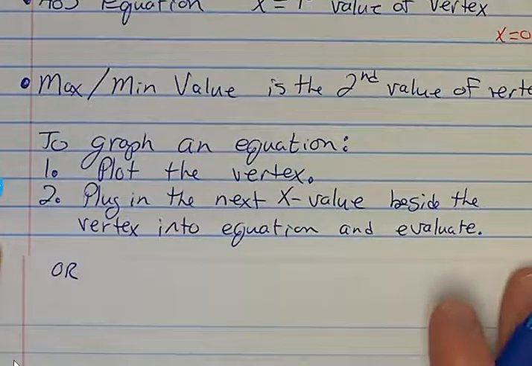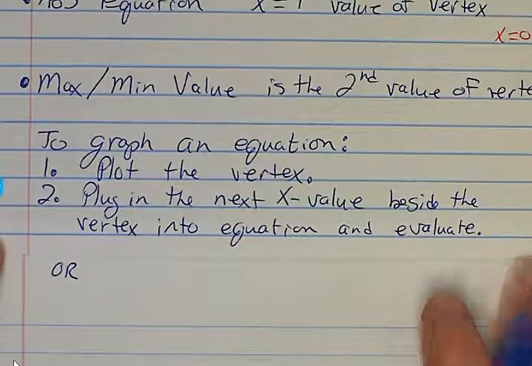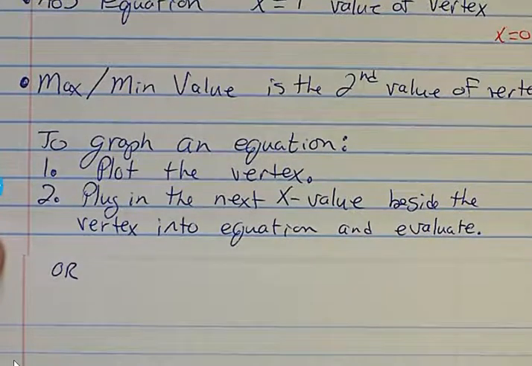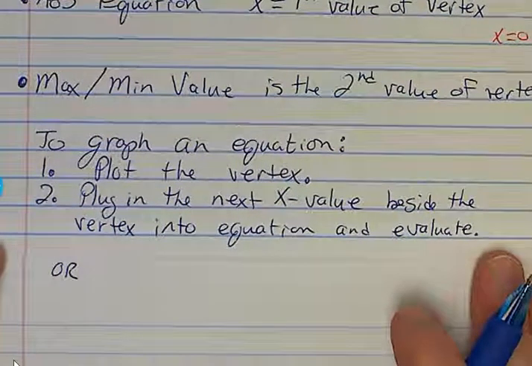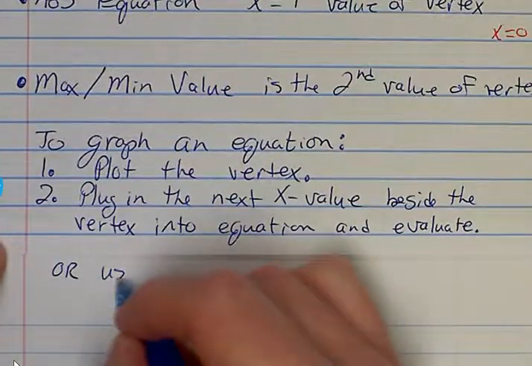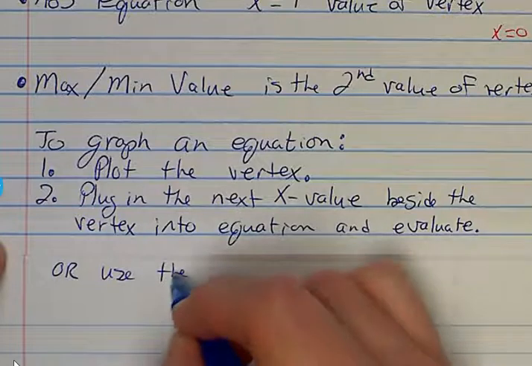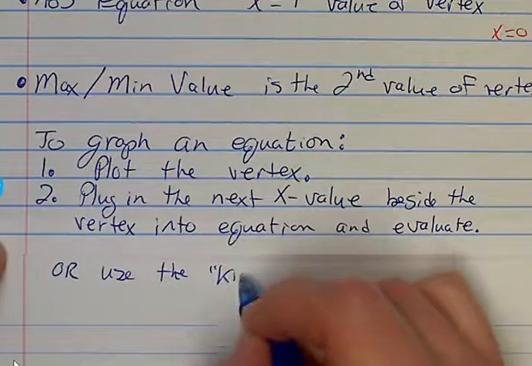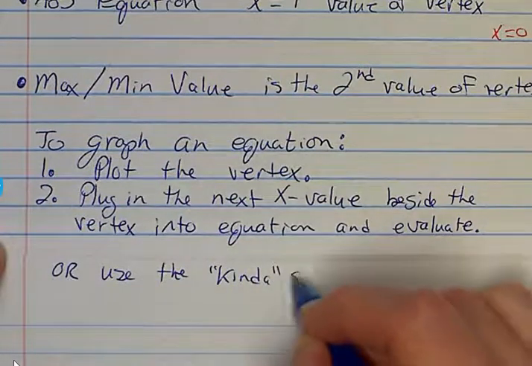You remember how when we were doing the absolute values, we had the kind of slope? Now again, it wasn't exactly slope, because slope has to be for a line. With absolute value, it was kind of like the slope, how it told us how much to move up and over. We're going to do the same thing here, and use the kind of slope, because it's not really slope, but it's kind of like slope.